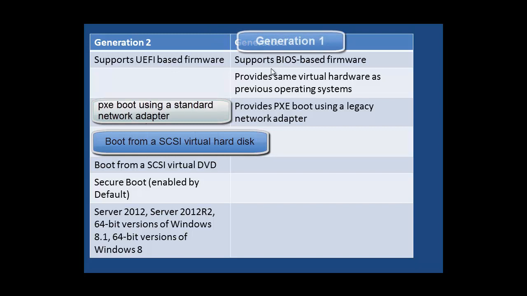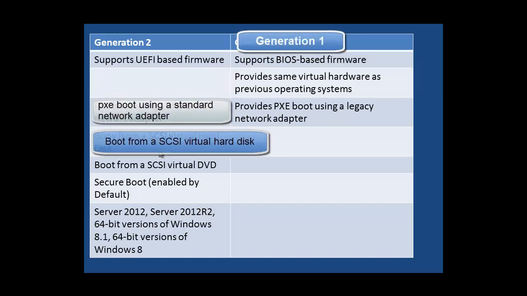Generation 1 will give you the same virtual hardware as previous operating systems. With Generation 1, if we needed to boot from the network card, which is the PXE boot, we had to choose a legacy network adapter to do that. With Generation 2, we can PXE boot using a standard network adapter.